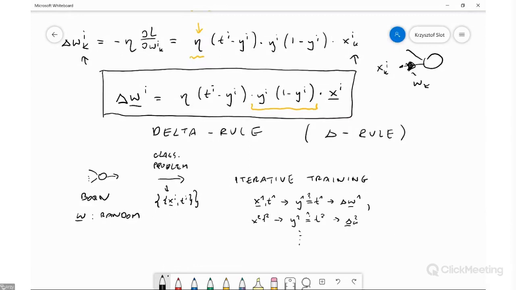And after this iterative training, that should take several epochs, I hope to get a trained neuron. So my neuron will have a set of weights that are now chosen so that I will be solving a problem as well as it is possible.